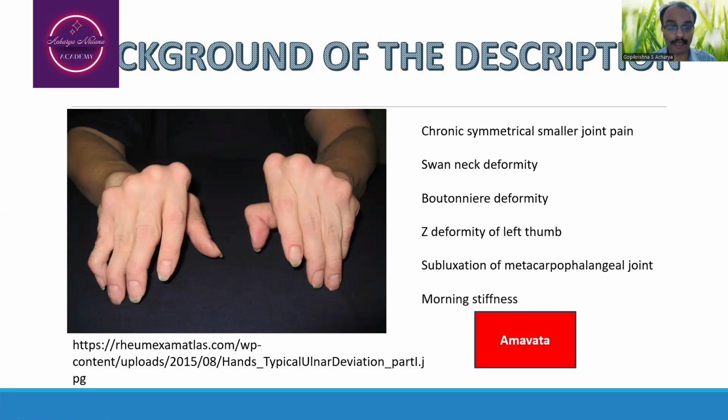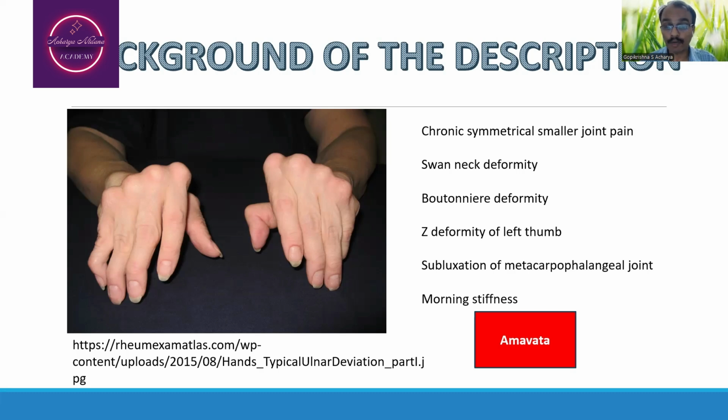In boutonniere deformity, exactly the opposite is observed: flexion of the proximal interphalangeal joint and hyperextension of the distal interphalangeal joint. That may be seen, but on this occasion it is not present.